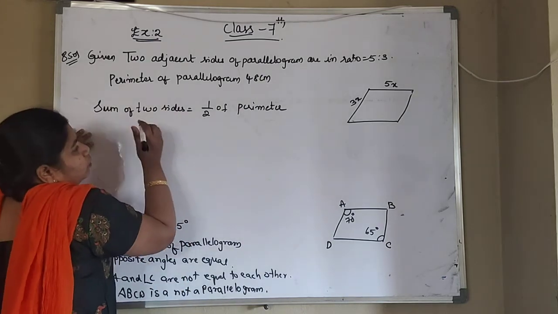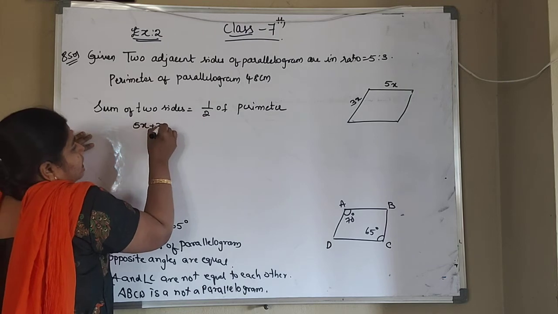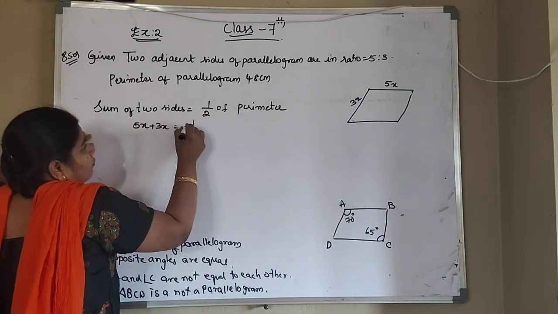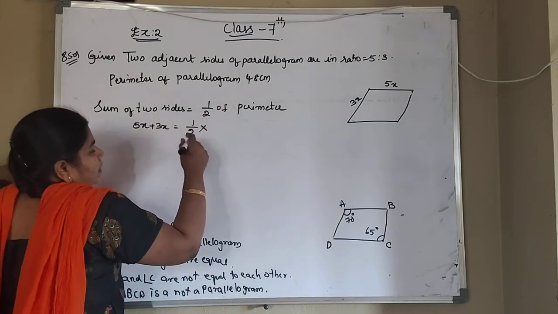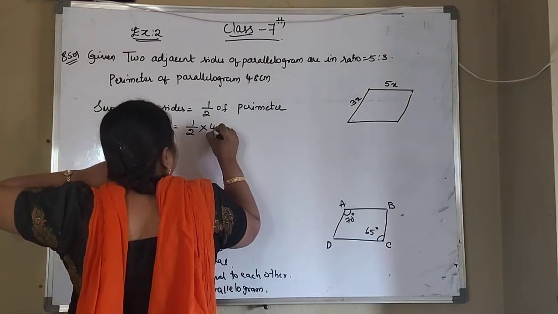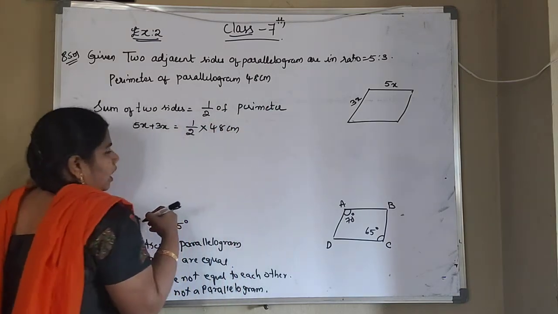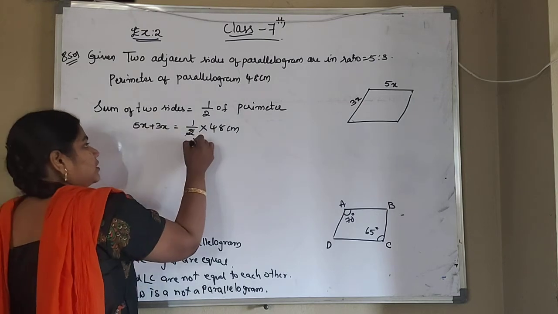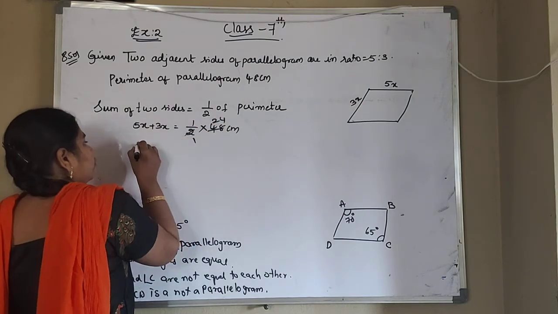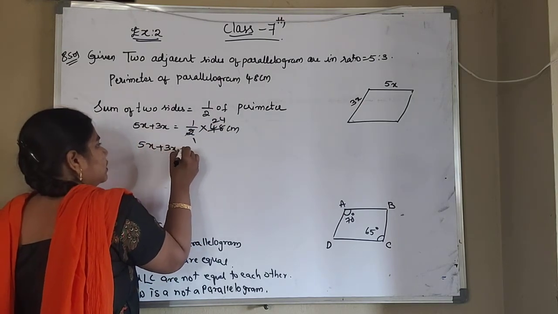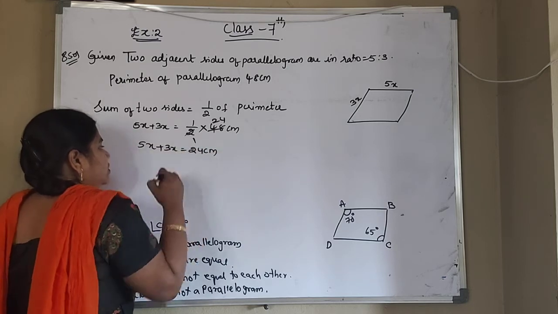If you add these two, that is 5x plus 3x is equal to half of 48 centimeters. Now you can cancel: 2 ones are 2, 24s are. So you got 5x plus 3x is equal to 24 centimeters.